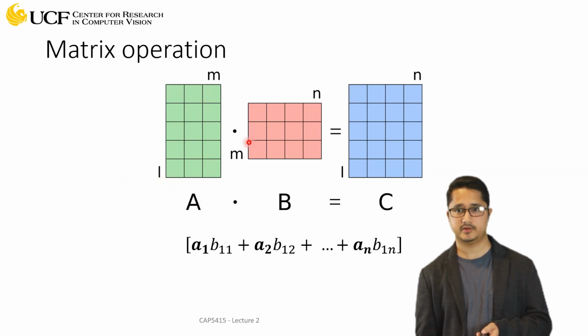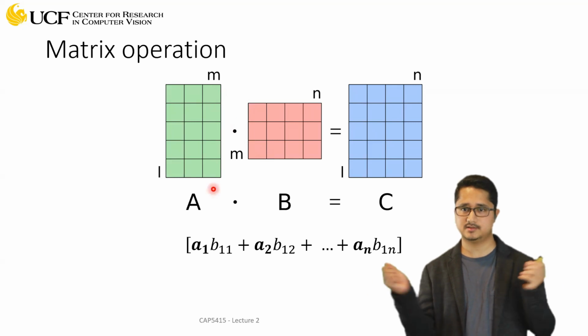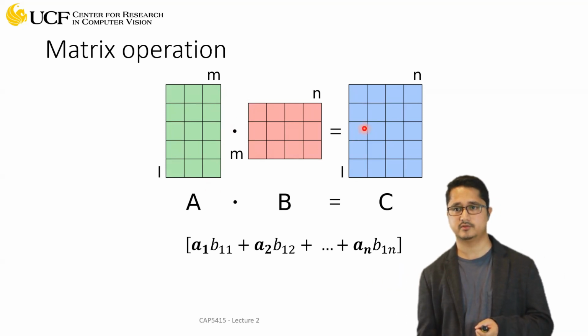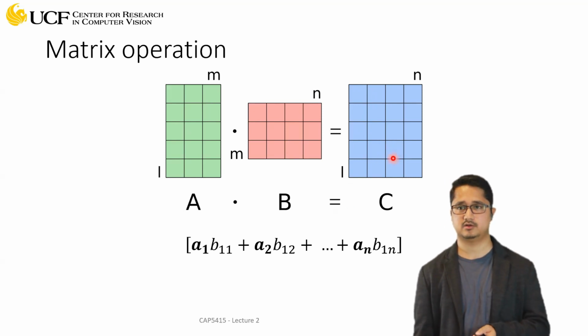Since this is the first column, we take the weights from this first column here. We take the first value, we scale the first column. If we take the second value, we scale the second column. Third value, scale the third column, and just add them together. That's going to give you the first column. Similarly, you can get the rest of the 3 columns.